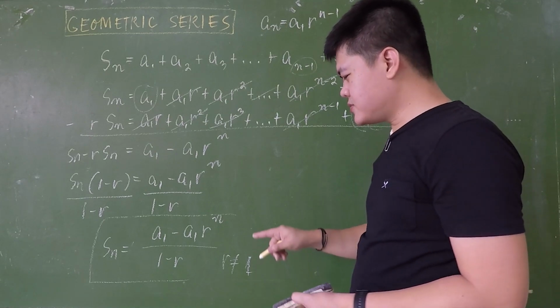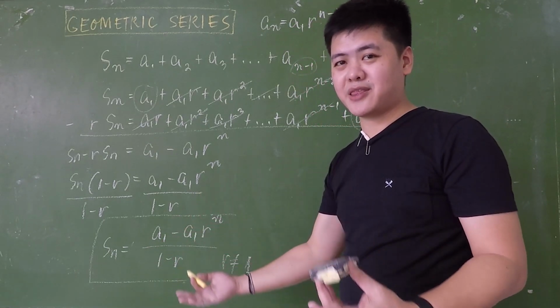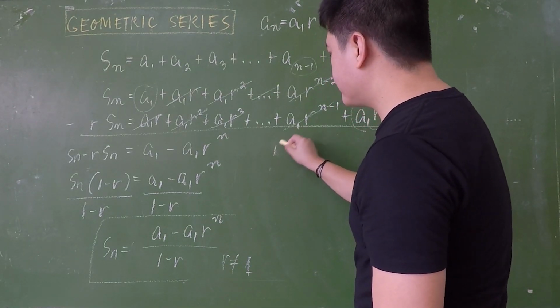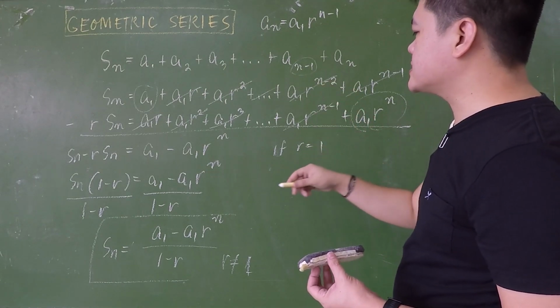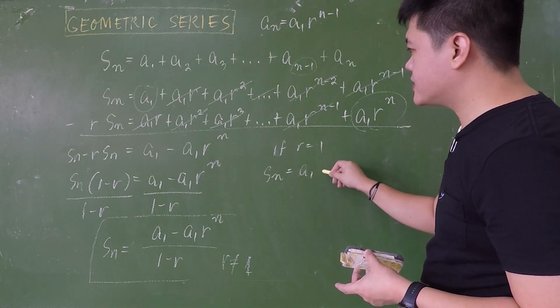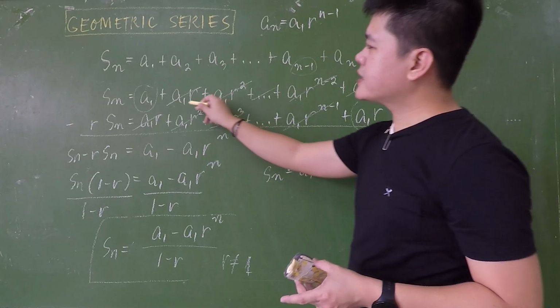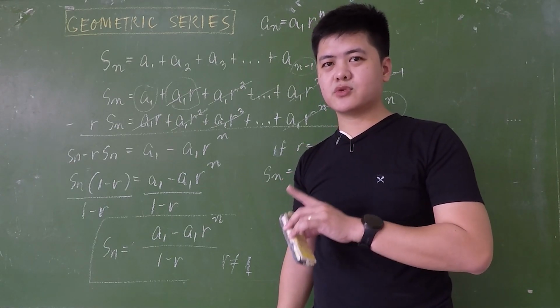Bakit? Kasi kung 1 to, what will happen to the denominator? Magiging 0, undefined. And also, if r is equal to 1, what will happen to our sequence? So, yung a sub 1 mo, a sub 1 pa rin, plus, itong a sub 2 mo, which is a sub 1 times r, a sub 1 times 1. So, a sub 1 pa rin yan.